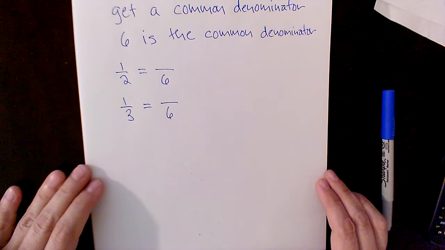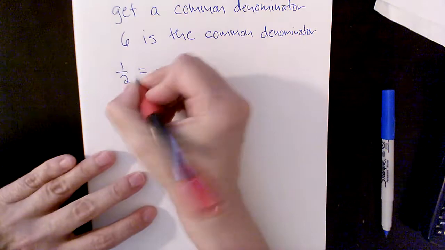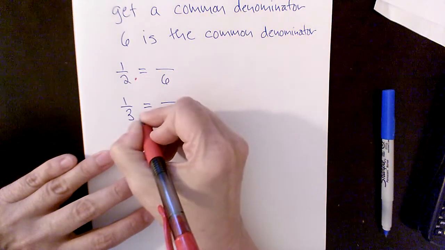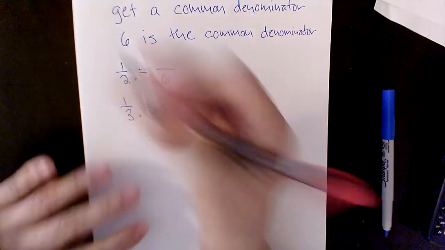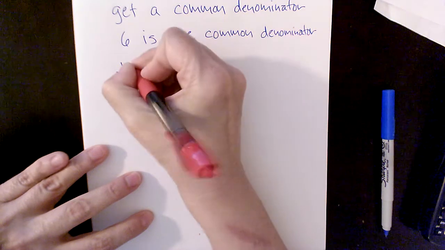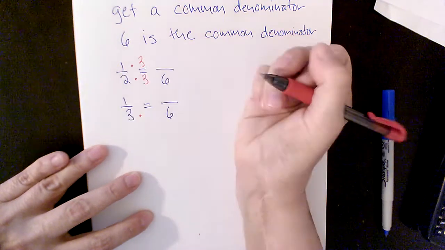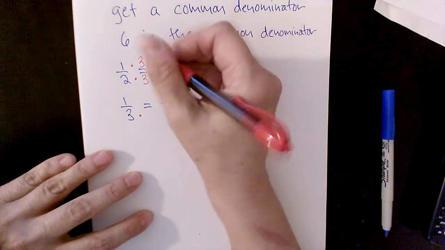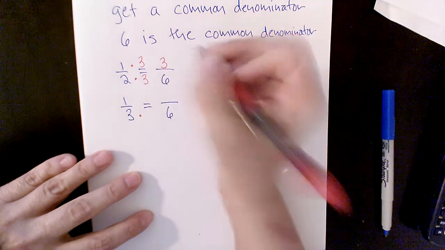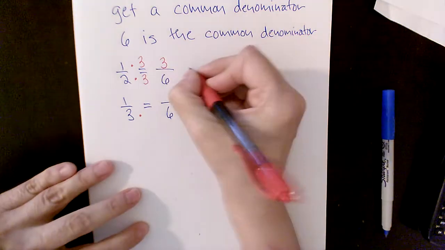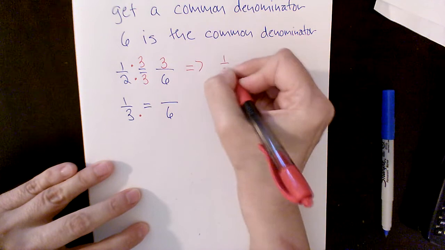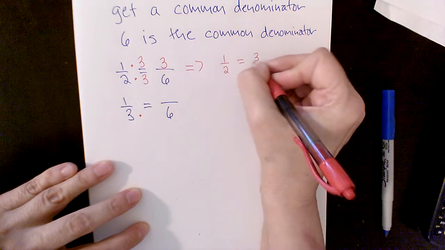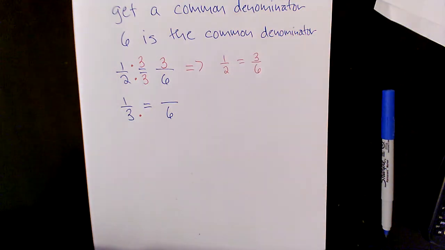So now we're going to change these over. 2 times what is 6? 2 times 3 is 6. What I do to the bottom, I have to do to the top. So 1 times 3 is 3. So 1/2 equals 3 over 6.